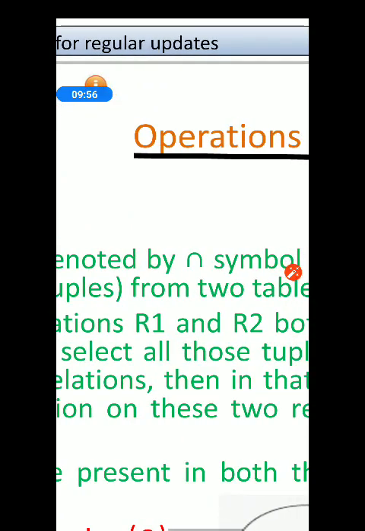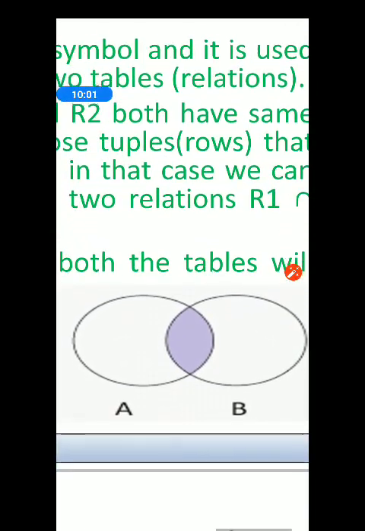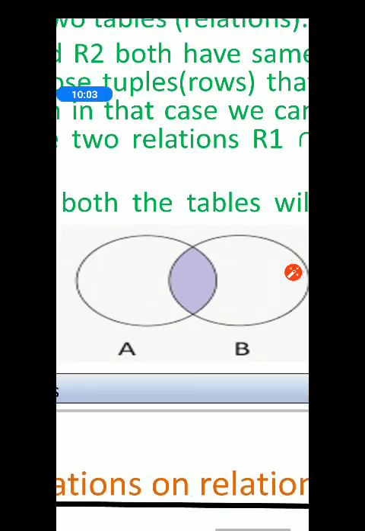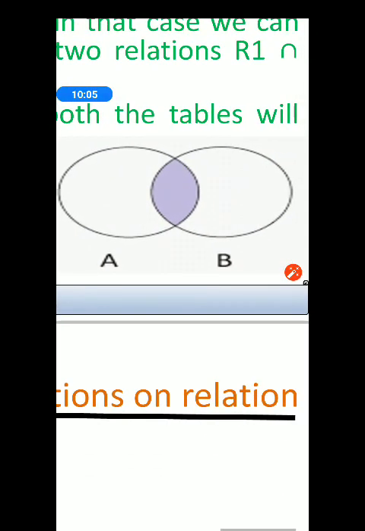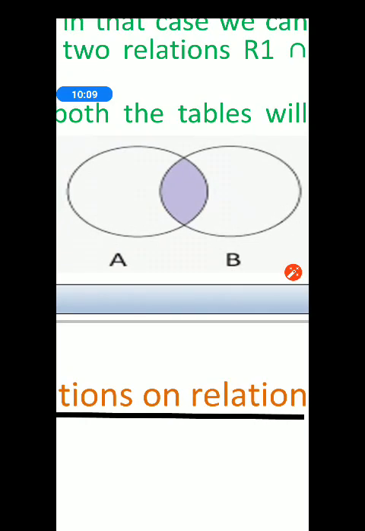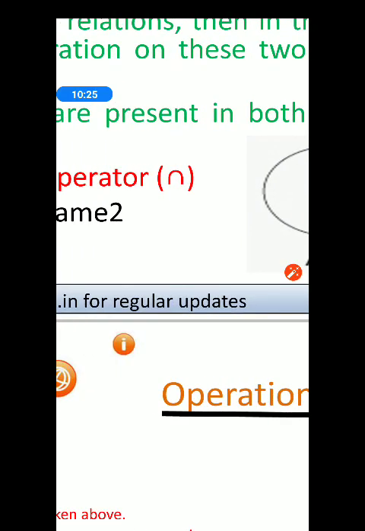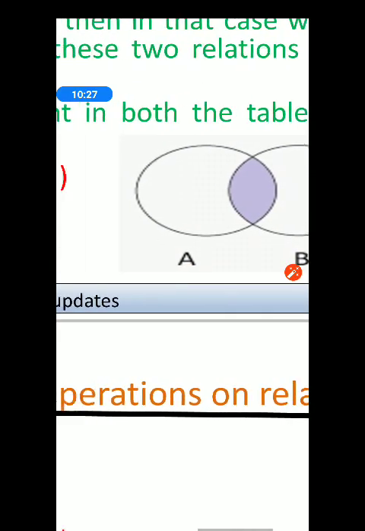The symbol for intersection operator is shown over here using a Venn diagram. See set A and set B, two overlapping sets. The intersection gives you the elements that are common to both set A and set B. Clear? Draw the diagram in your copy.